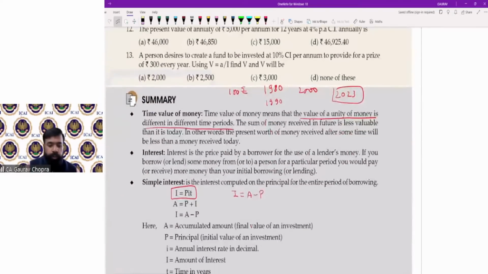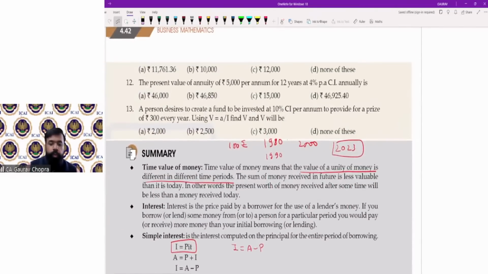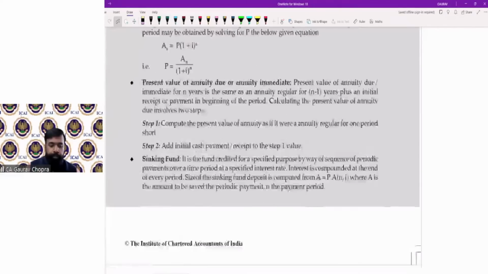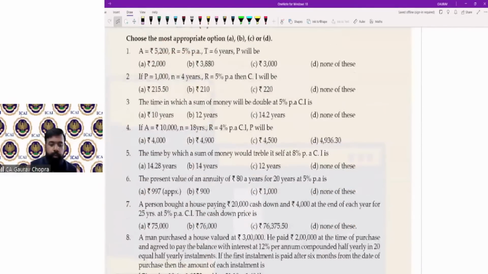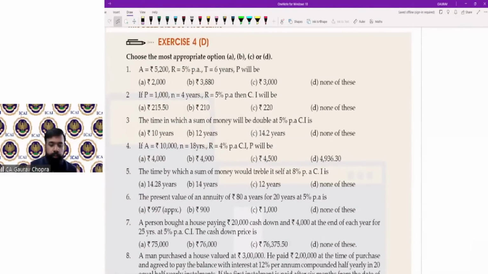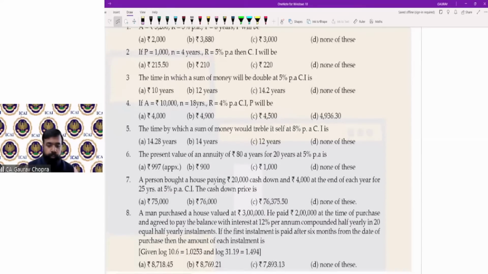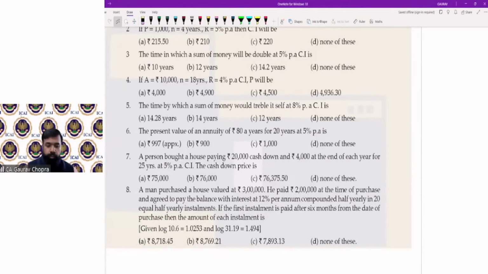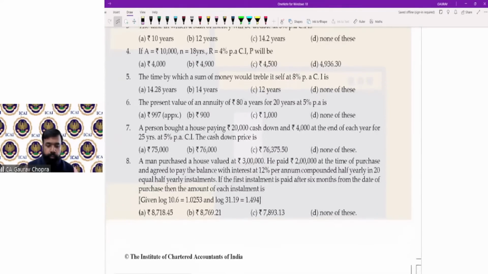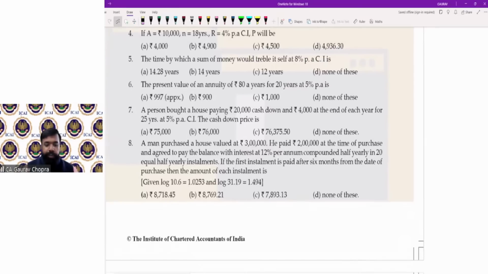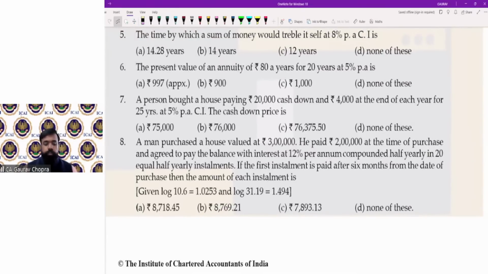Let's do the questions based on annuity. Questions based on annuity. Seventh one. So let's do question number 7.